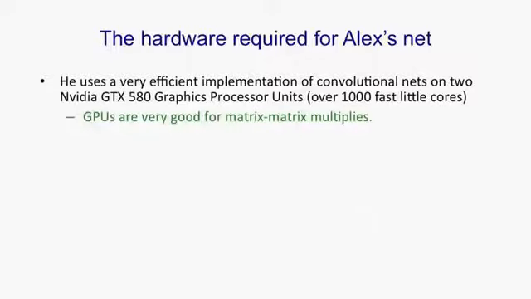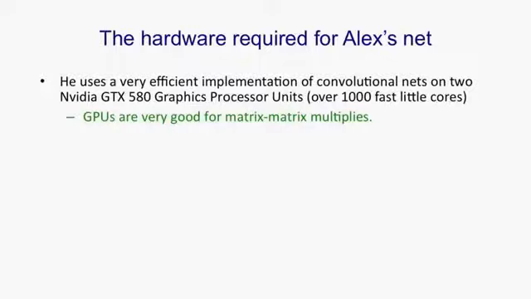The GPUs are very good at doing matrix-matrix multiplies. So if you stack together the vector of activities of a hidden layer over many training cases, that gives you a matrix, and now you multiply that by a matrix of weights to figure out the activities in the next hidden layer for all those training cases, and if both those matrices are big, the GPUs give you a huge advantage.